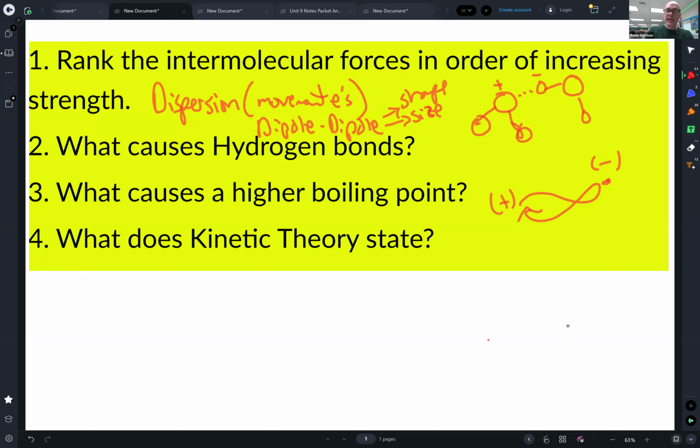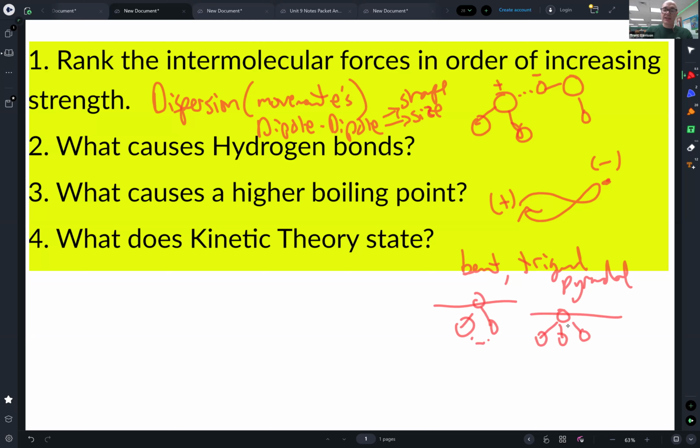So if we have a bent or we have a trigonal pyramid, that means a shape that looks like this or a shape that looks like this, then what we have is an unequal symmetry, and we will find that the electrons tend to pool on one side and not on the other, creating a polar region, a dipole, and those dipoles are what create these attractive forces.